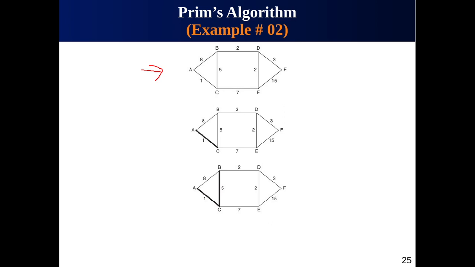After that, we start taking edges one by one based on the lowest weight. In case we take an edge and it results in forming a cycle, then what we need to do? This edge is not included in the resultant MST. We ignore it. But if it does not lead to a cycle, then we include it in the resultant MST.